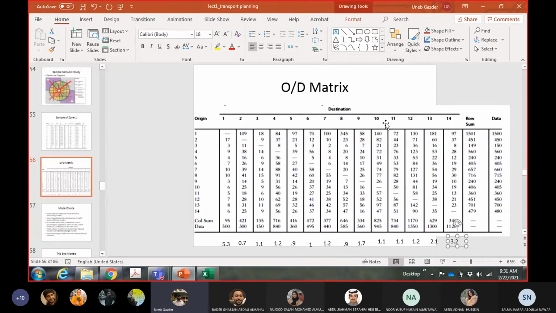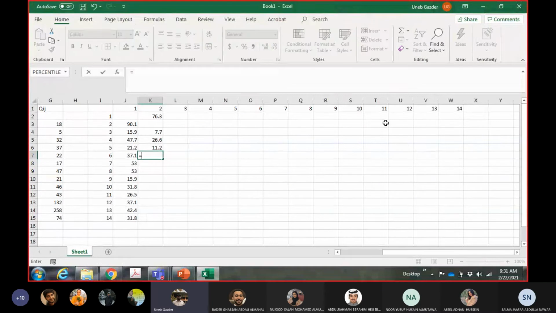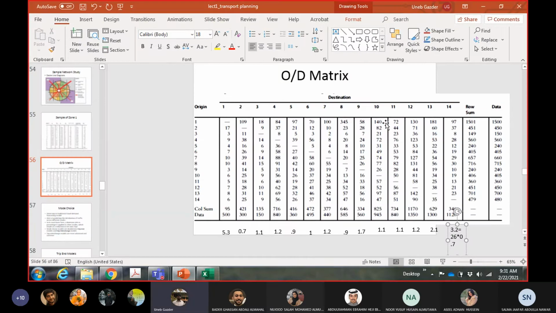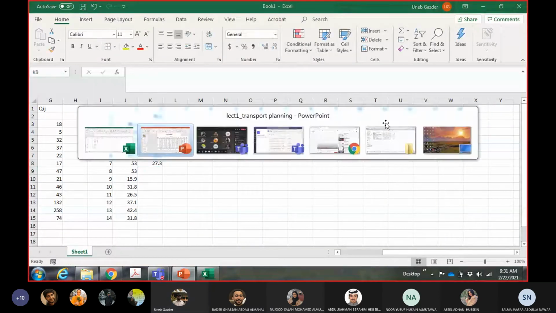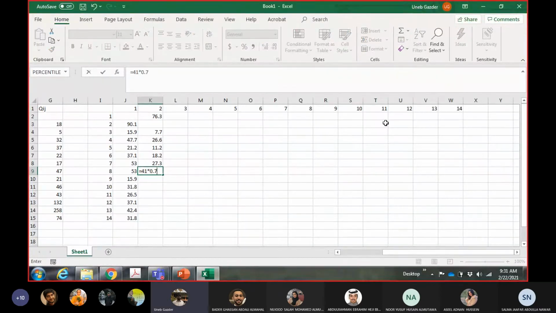So I did 5, then 6. So 26 into 0.7, where is it? Then 39 and 41.